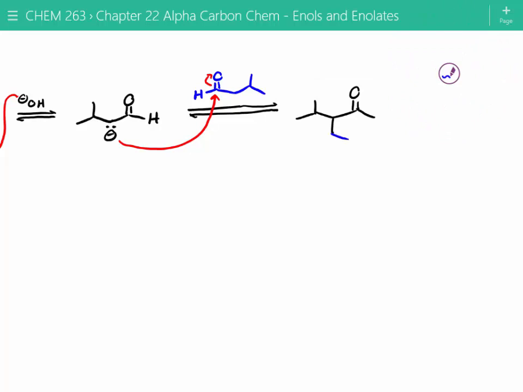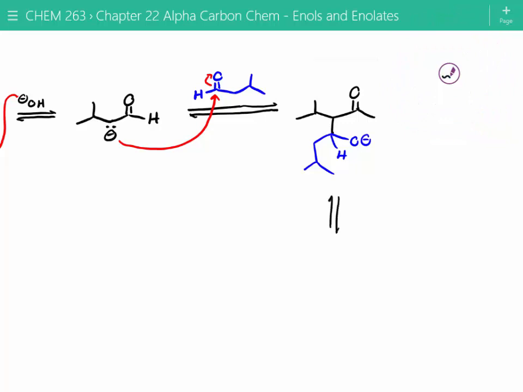So in this case, we've got an oxygen with the negative charge. We've got a hydrogen. Oh, let me clean this up a bit. There we go. And then what's our last step here?